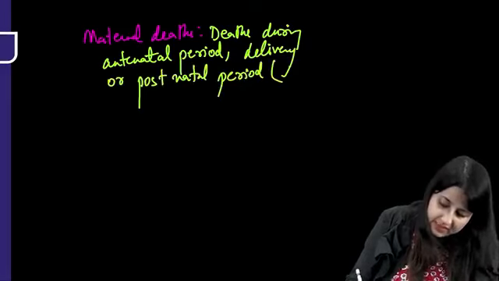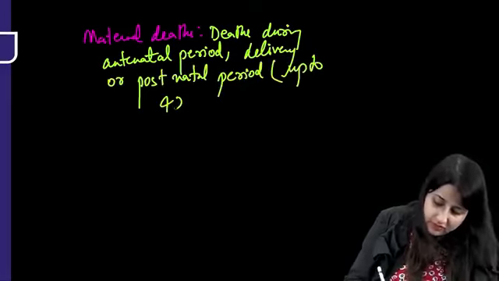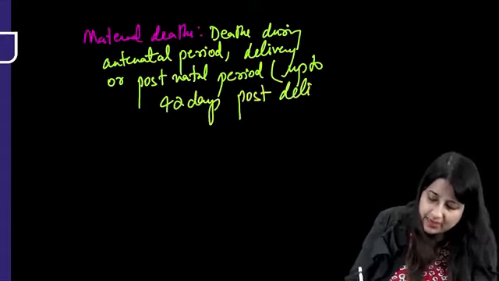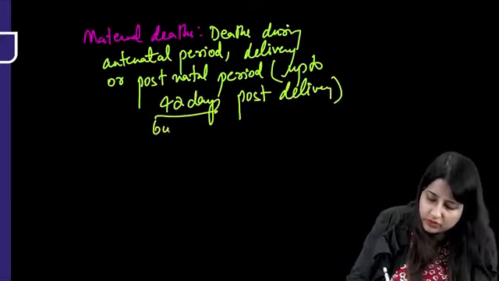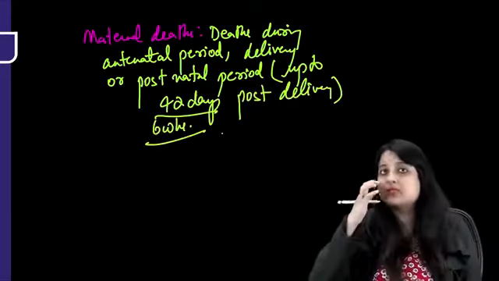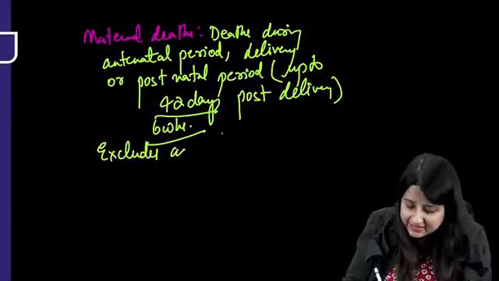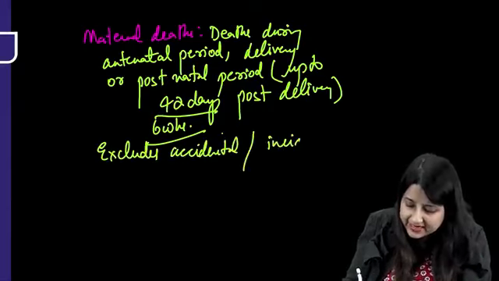Postnatal period means up to 42 days post-delivery. Up to 42 days, or you could also say death up to 6 weeks post-delivery. But remember, it excludes accidental or incidental causes. It excludes this.